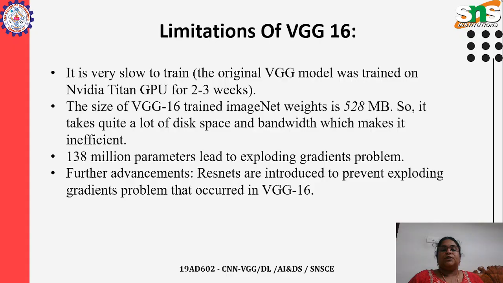The size of this VGG16 network is 528 MB, so it takes quite a lot of disk space, and the bandwidth we get will be inefficient. There are 138 million parameters, which lead to the exploding gradient problem. Further advancement, ResNets, were introduced to prevent the exploding gradient problem that occurs in VGG16.